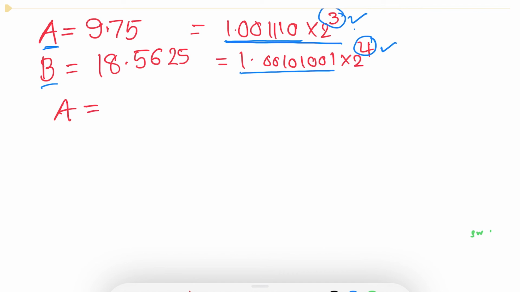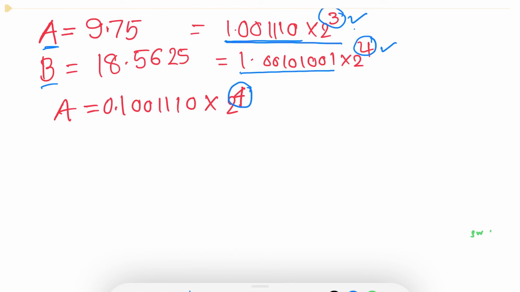Then A will be 10.1001110 times 2 to the power 4. Now the exponents are both the same, so we can calculate the addition operation.